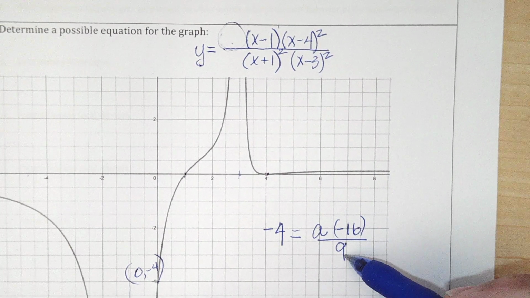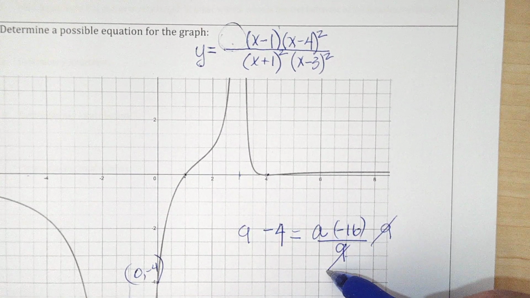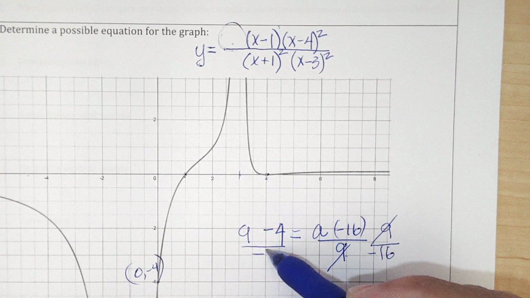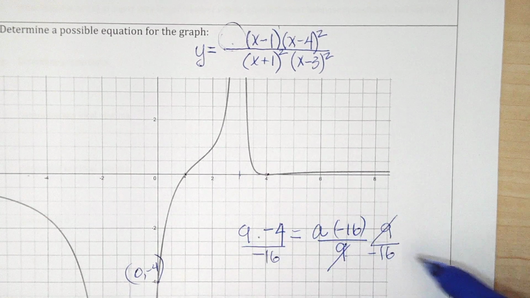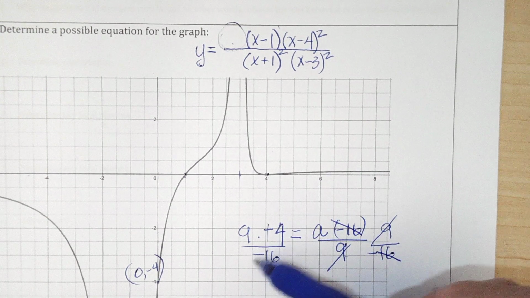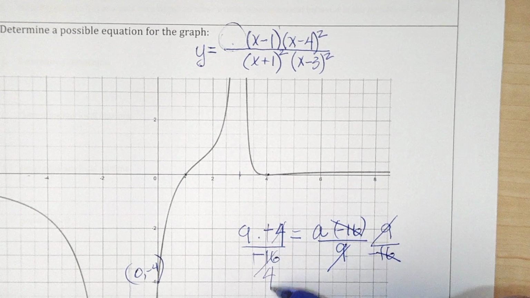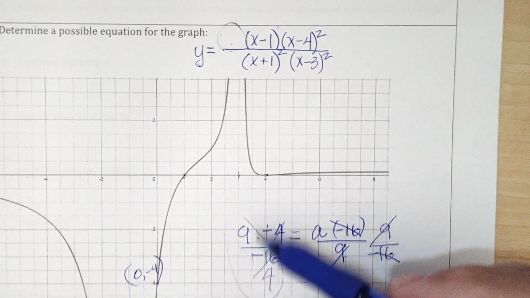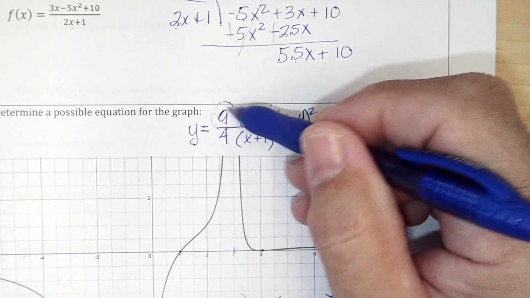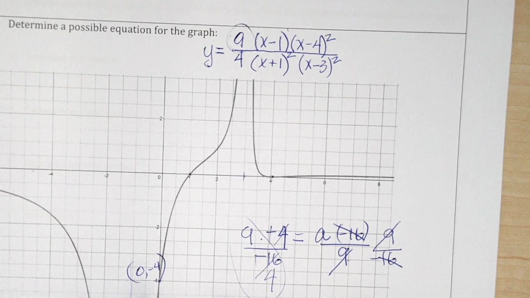So if I multiply both sides by 9 and divide both sides by negative 16, and then simplify, a minus and minus will cancel, 4 goes into 16 4, so it looks like 9/4. And I could write it in the numerator, 2 1/4. That should be pretty close.